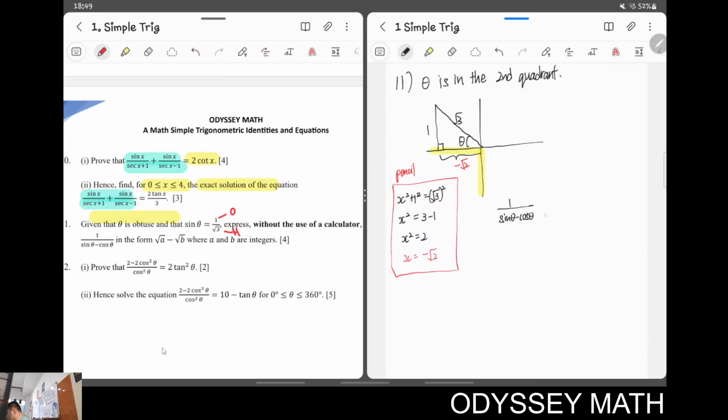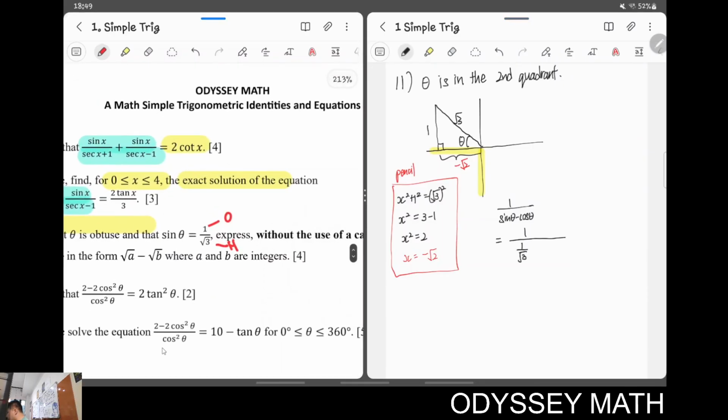This is actually equals to, okay, sine theta is what? Sine theta is 1 over square root 3. That's given from the example here, quite nice of them. Why we even do the right angle triangle in the ASTC is because we need to use it to derive cosine theta. So cosine theta is the one highlighted in yellow.